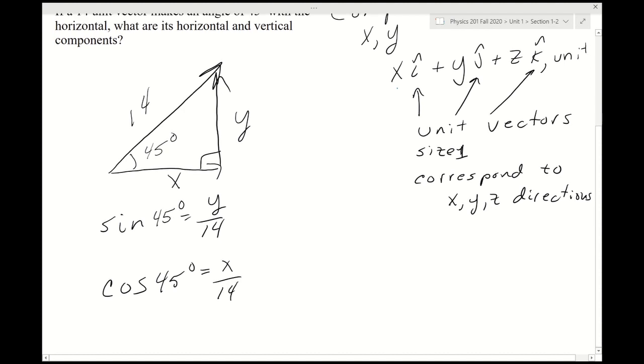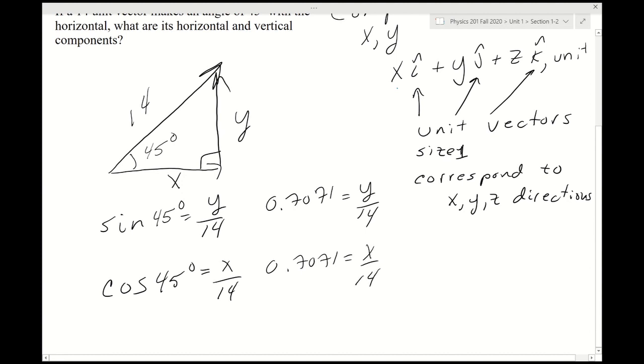Since in both cases the sine and cosine of 45 degrees is 0.7071, we end up with 0.7071 is equal to y over 14, and 0.7071 is equal to x over 14.